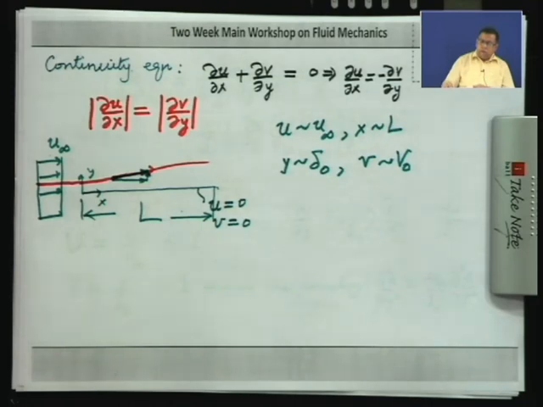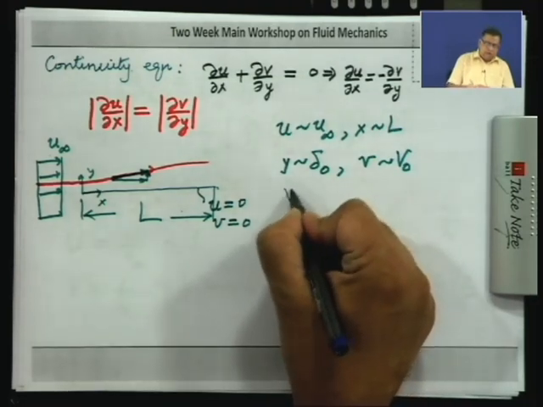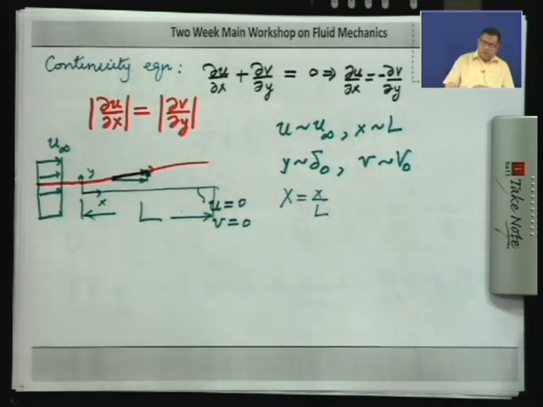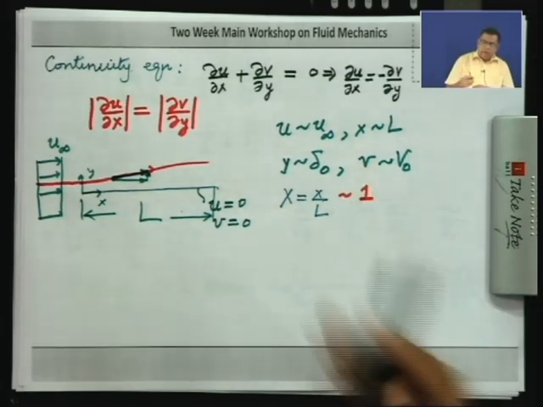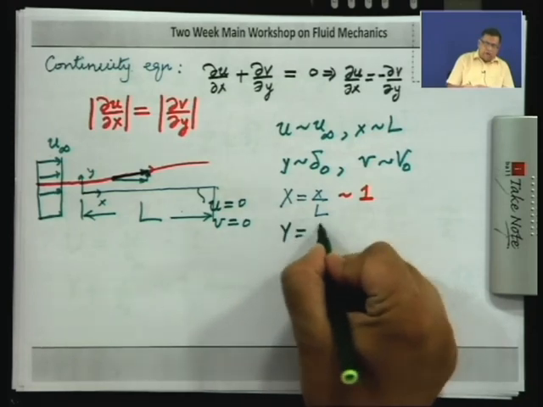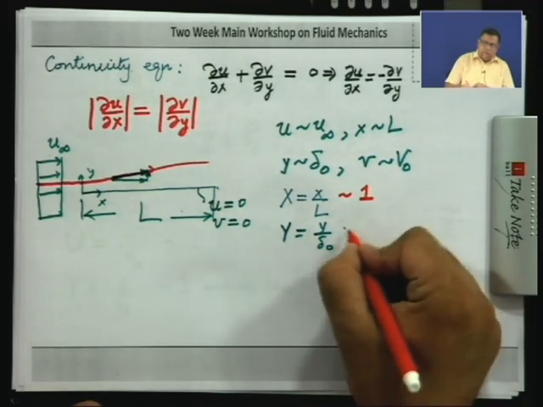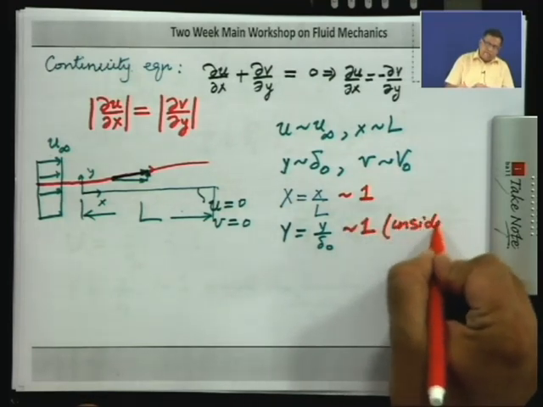So, what we will do now is we will define non-dimensional variables, capital X equal to x upon L. So, this is an order 1 variable for us. Similarly, we will define capital Y equal to y by delta naught, which again is an order 1 variable, but of course, this is only inside the boundary layer.